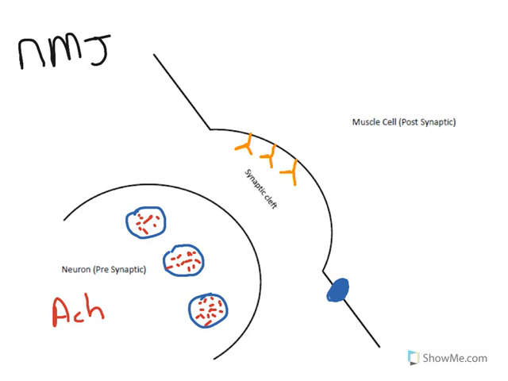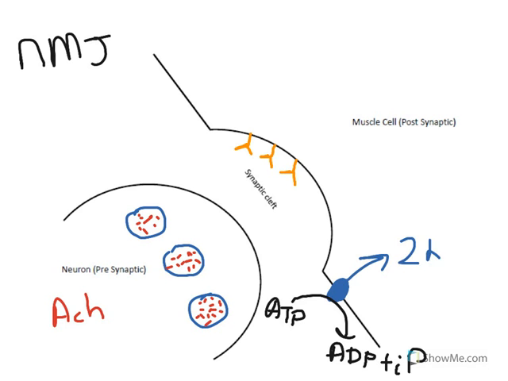The job of the sodium potassium ATPase pump is, when I take ATP, for every molecule of ATP, we break it down into ADP plus an inorganic phosphate molecule. When we do this, the sodium potassium pump brings in 2 potassium cations and kicks out 3 sodium cations for every molecule of ATP expended.